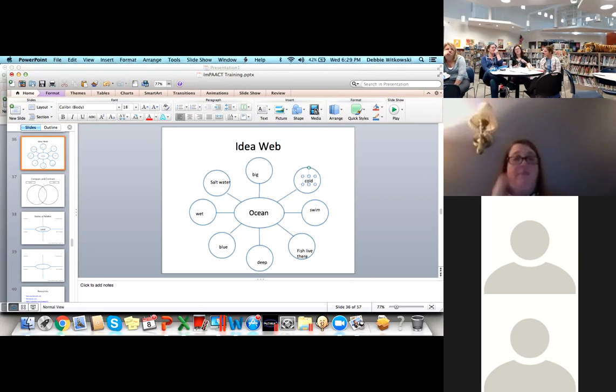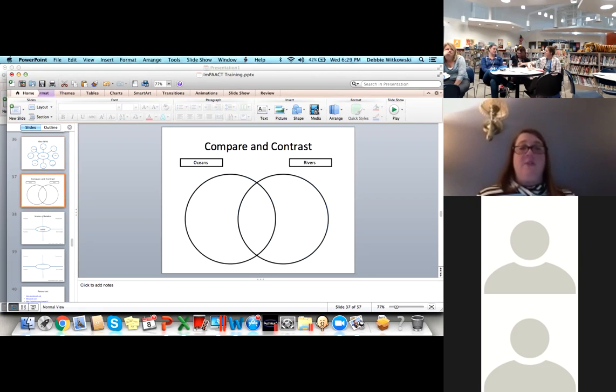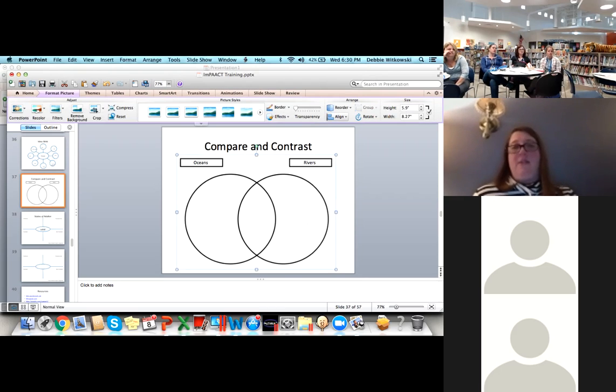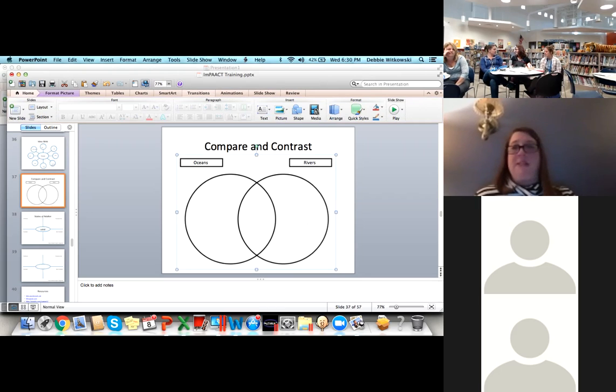Another thing that we can do is we can do a compare and contrast activity and talk about what's the same and what's different about two concepts. So if we wanted to compare and contrast oceans, we might say, let me get a text box here. Bigger, biggest. Biggest, right? Good.